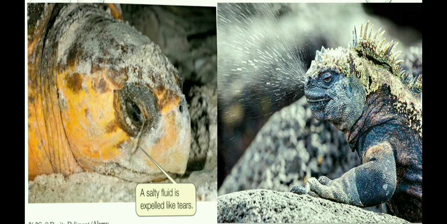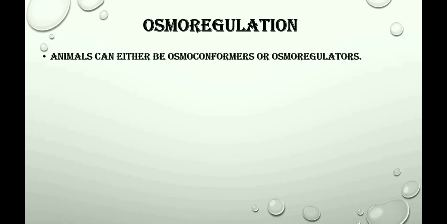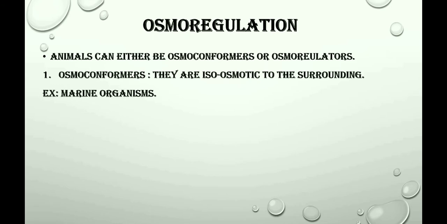Now, based on the type of osmoregulation done, animals can either be osmoconformers or they can be osmoregulators. If the animal is an osmoconformer, that means those animals are isoosmotic to the surrounding.